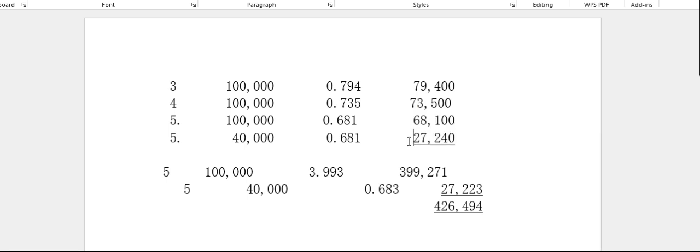When you total all the present values put together, 27,240, 68,100, 73,500, 79,400, and all that, what do we have? $425,450. 426,540.